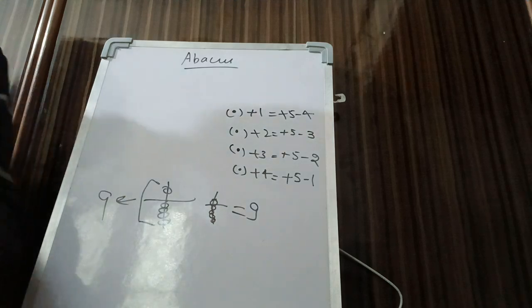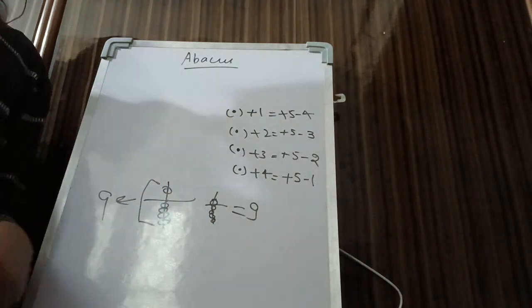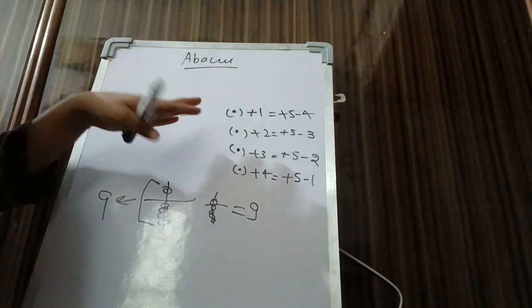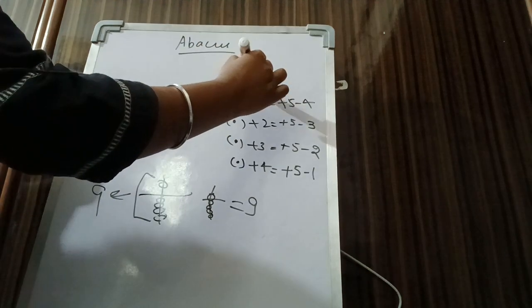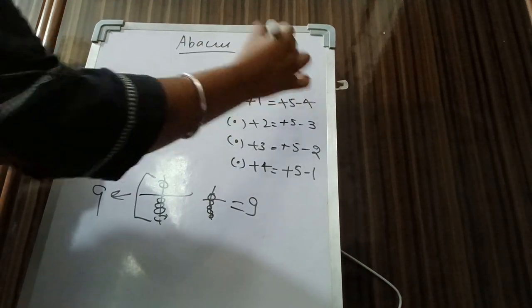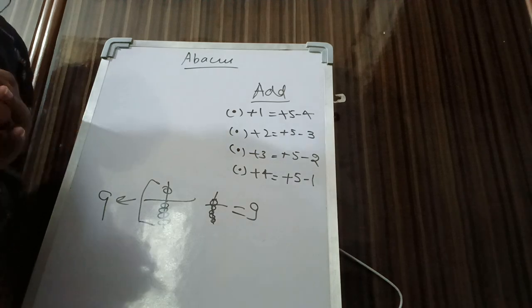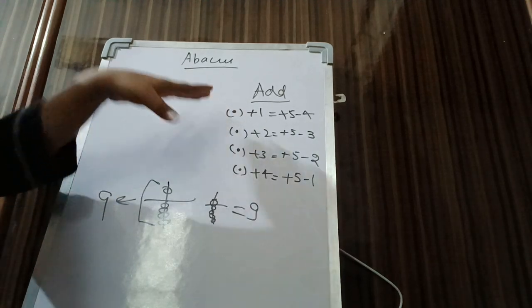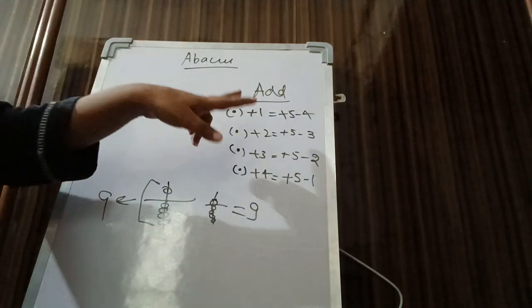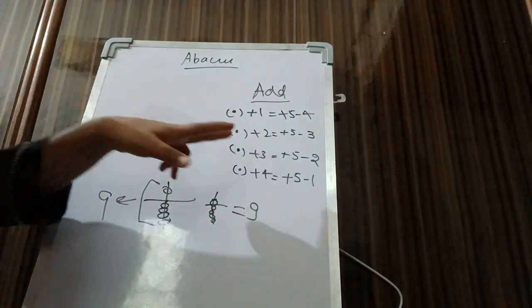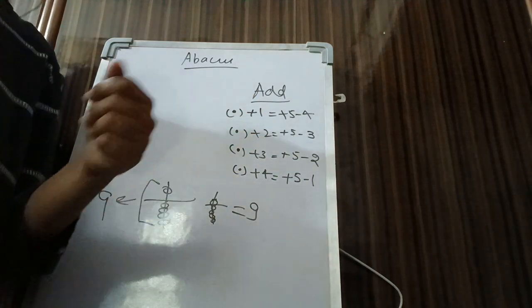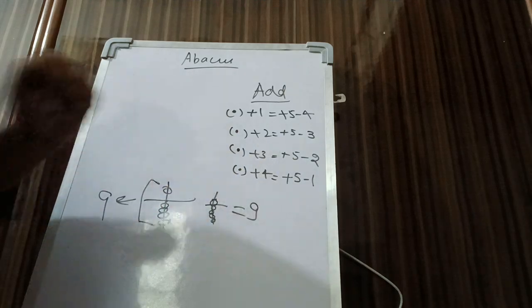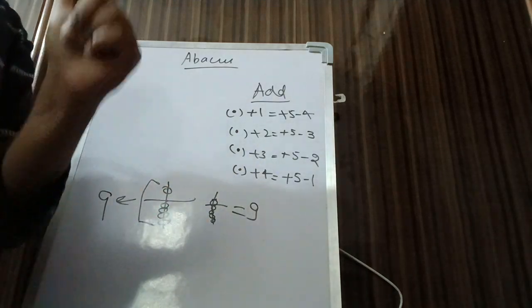How can we do division and multiplication on the abacus? That's the future, but right now let's see this. So this was the addition part, when we need to add more numbers to the ones place. Now we'll see how to do minus 1, minus 2, minus 3, minus 4. Let's learn, let's get into this.